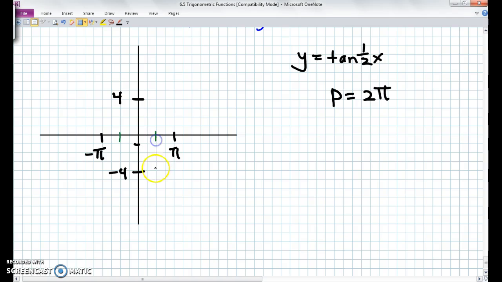I'm not going to put asymptotes in because that's not where they're going to be. And notice that they are pi apart from one another. Okay? Yep. They're going to double because we have expanded by 2, so our period is expanded by 2. So instead of having our asymptotes at pi by 2 and negative pi by 2, we want to double those. They're going to be at pi and negative pi.